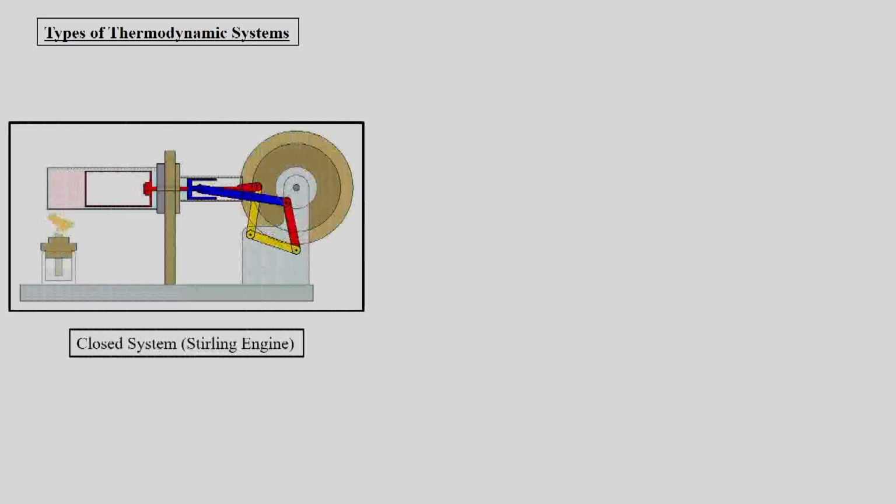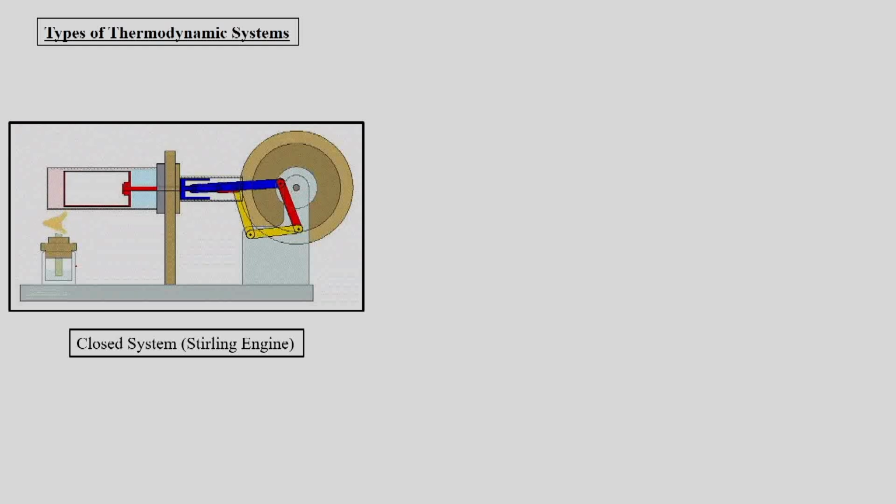So, what are the types of systems? One of the types is the closed system. Here in this figure we can see that there is a cylinder in which the piston is moving, and there is a lamp which is passing heat to the cylinder.